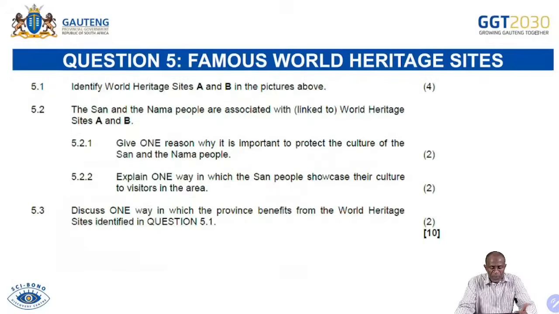So it says, explain one reason why it is important to protect the culture of the San and Nama people. That is for you to revise. Explain one way in which the San people showcase their culture to visitors in the area. And 5.3, discuss one way in which the province benefits from the World Heritage Site.